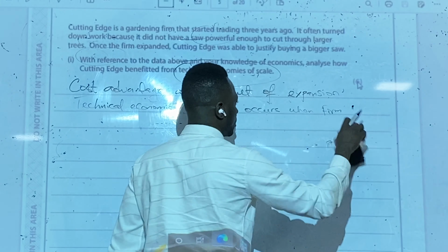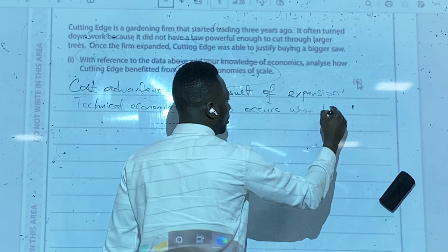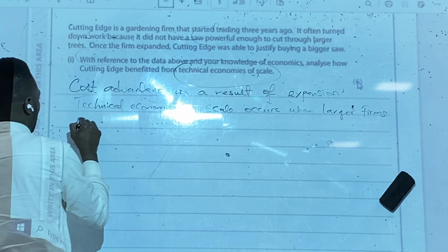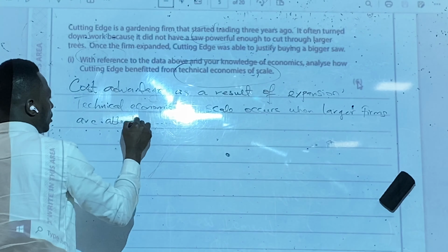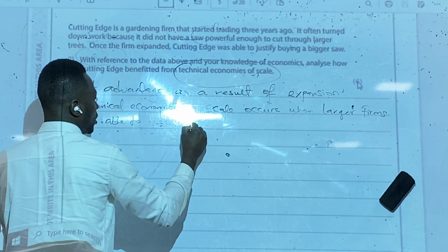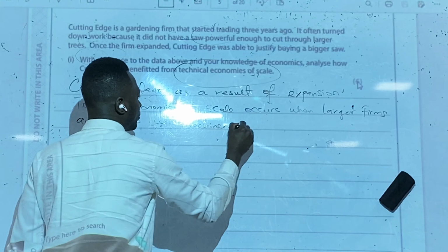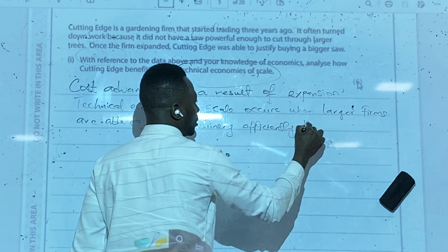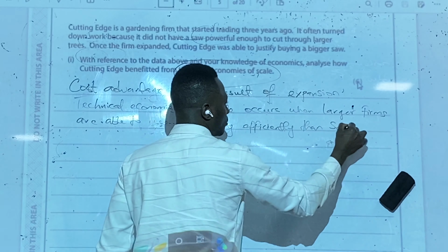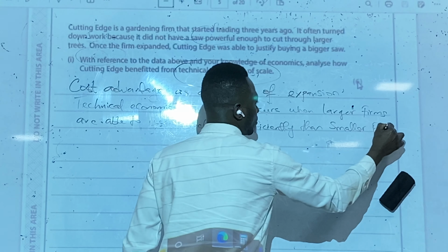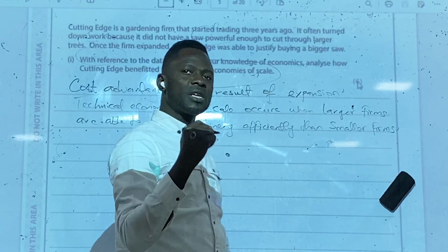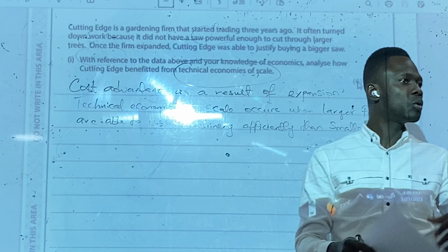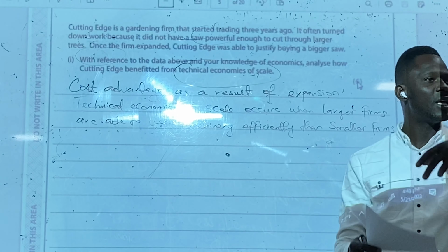When large firms... machinery. So technical economies of scale is where large firms are able to use machinery or tools or equipment in a more efficient way than smaller firms.